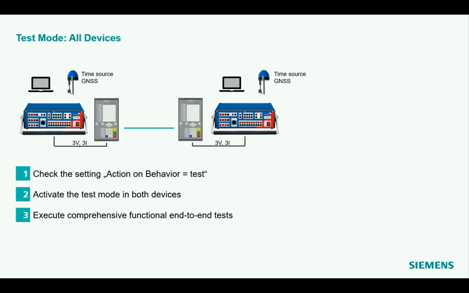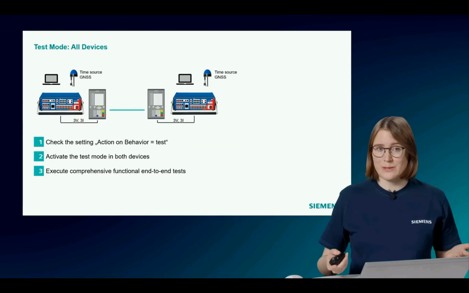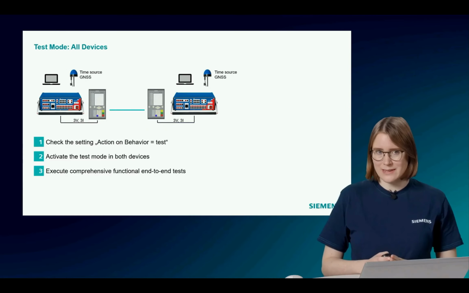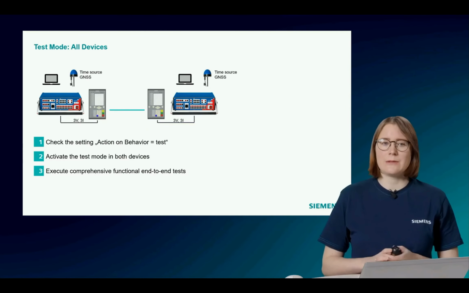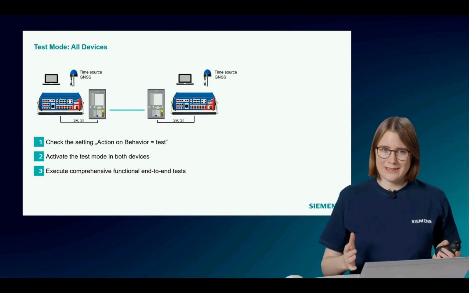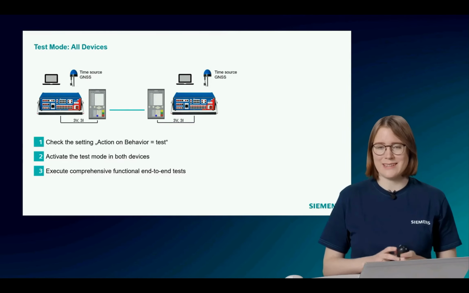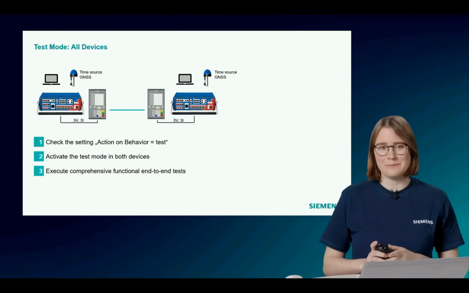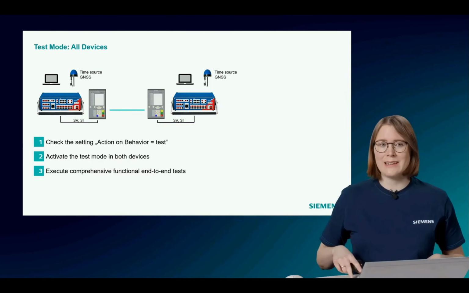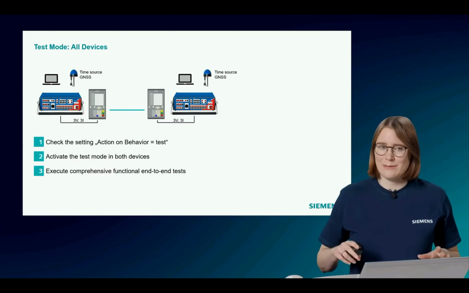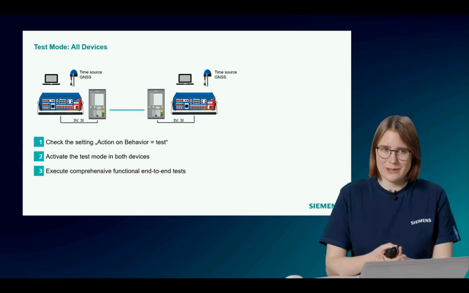In this test setup, you switch the test mode on in all devices, and you can execute a very comprehensive end-to-end test where you inject currents in both devices and check if the line differential protection is working as it should.